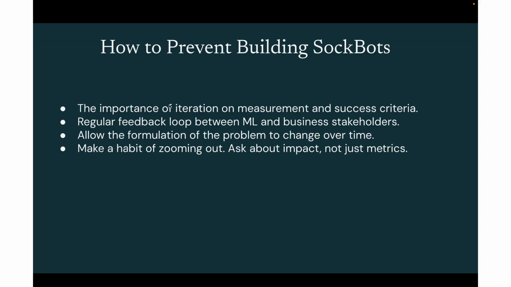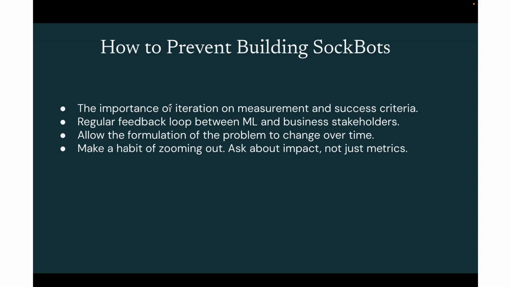Someone surely from the business side would have said, so what do you think is going to be the overall impact of this on the business? Right? If one person had asked that, then they would have been able to catch the birth of Sockbot before it had an opportunity to do so much damage.